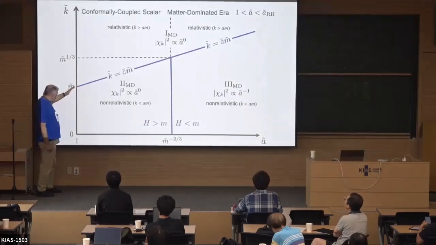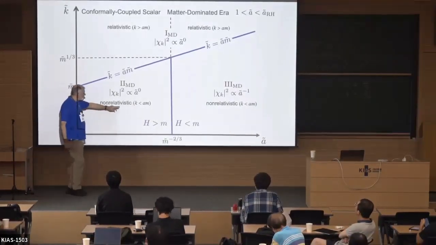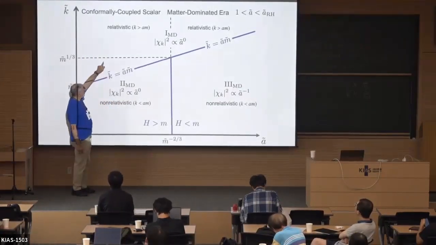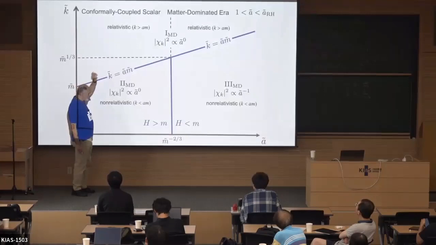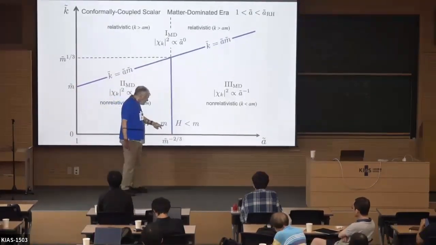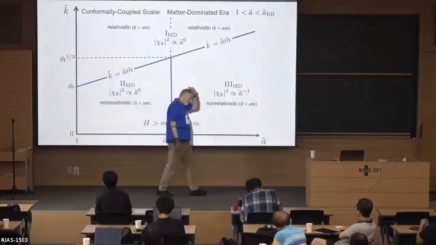So non-relativistic is low values of k smaller than a times m. Relativistic is k larger than a times m. And whether the expansion rate is larger than m or the expansion rate is less than m.